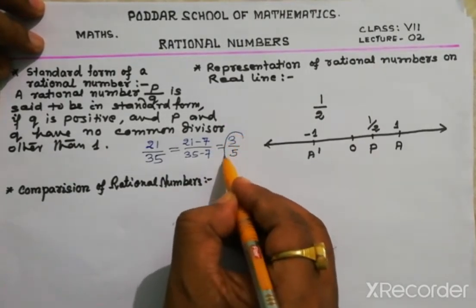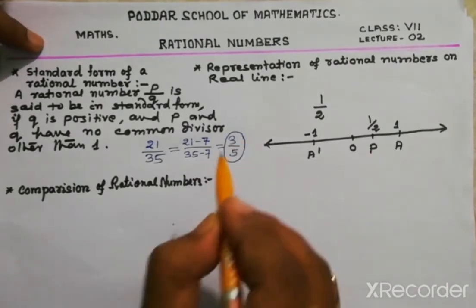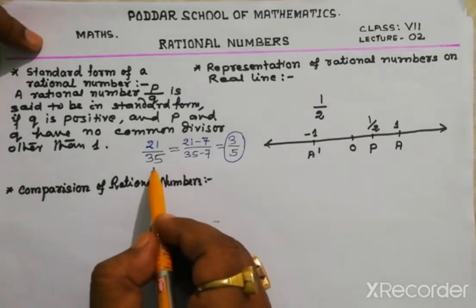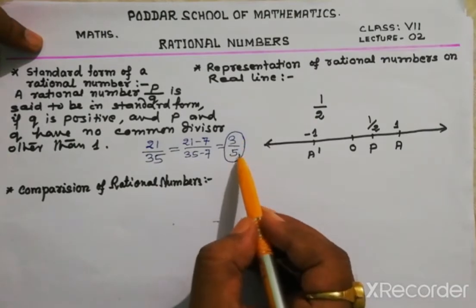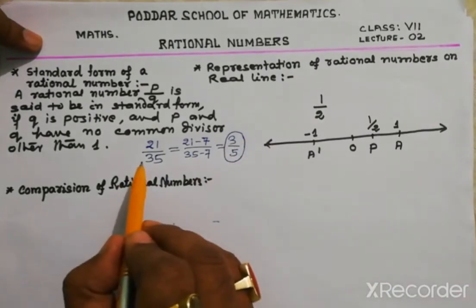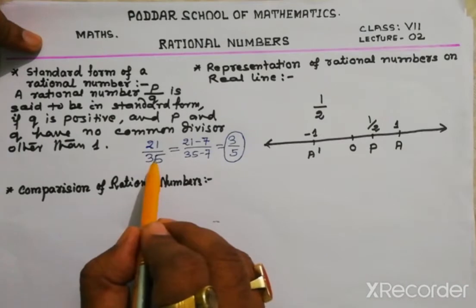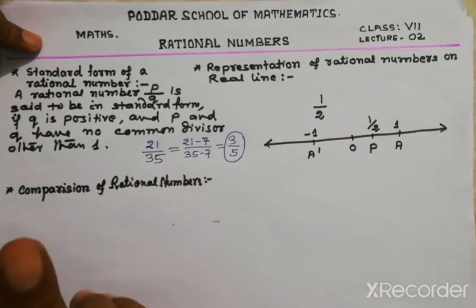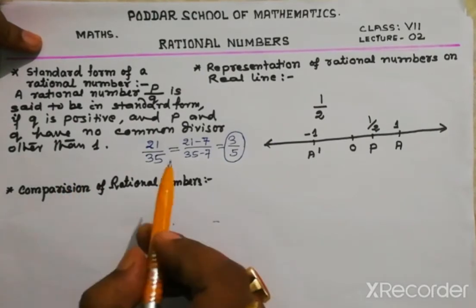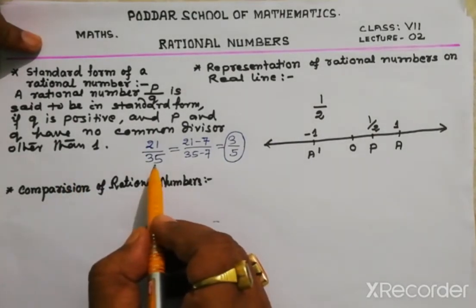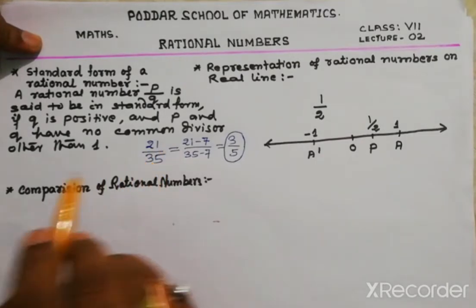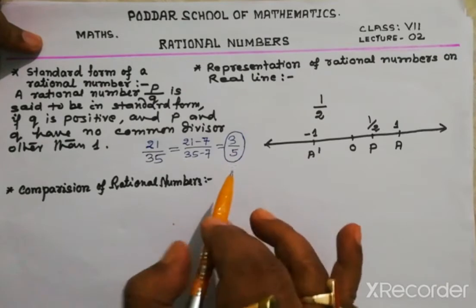So 3 by 5 is a rational number in standard form. 21 by 35 is not in standard form, but 3 by 5 is in standard form. So a rational number can be converted to its standard form taking these two important things. First, q should be positive, and second, p and q have no common divisors other than 1.